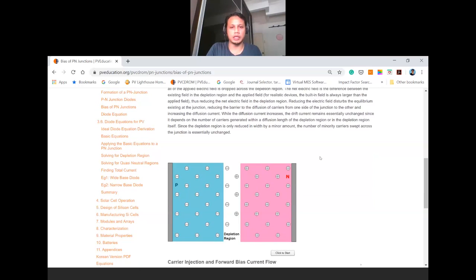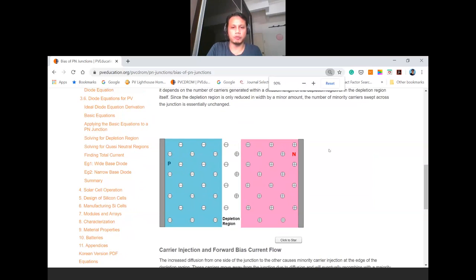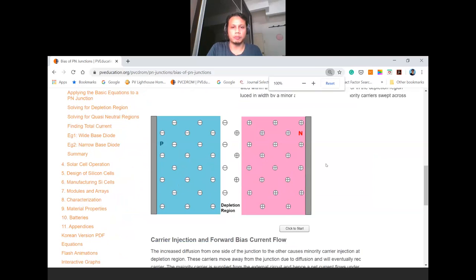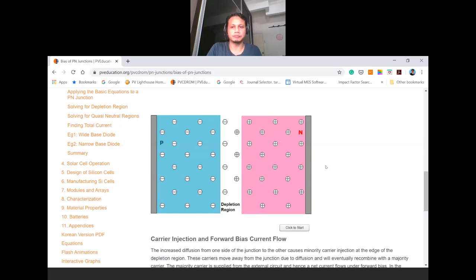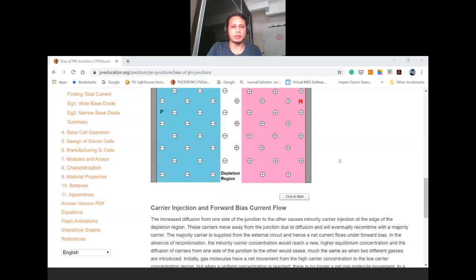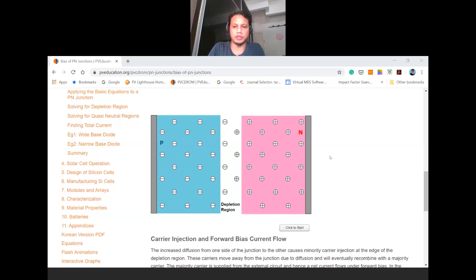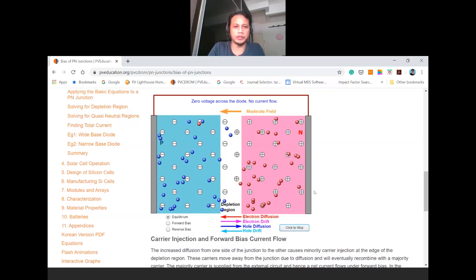Let's see the animation below before we move on with the forward bias and reverse bias conditions. This is just to animate the effect of forward bias and reverse bias. We start off with thermal equilibrium first.